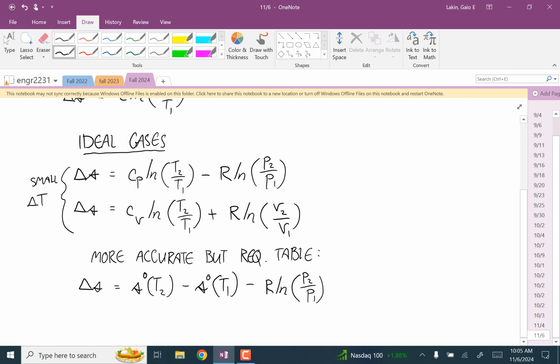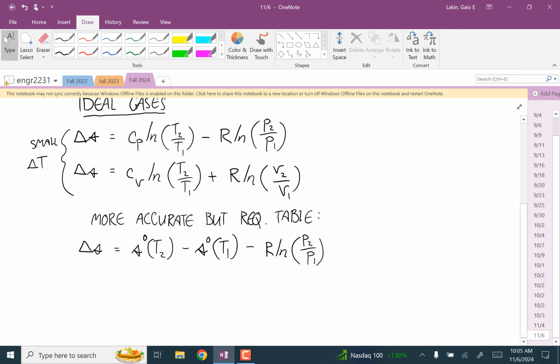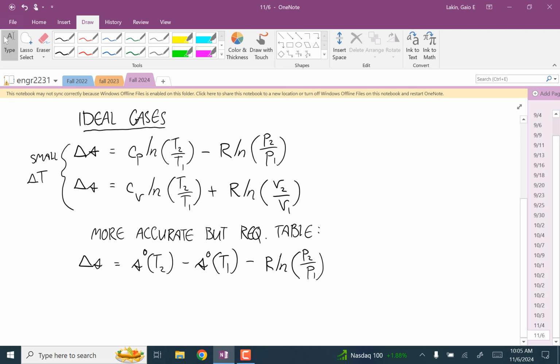So the only thing that's different is that this s0 gives you a more accurate calculation of Cp natural log of T2 over T1.